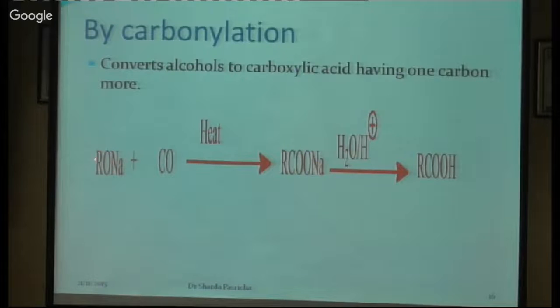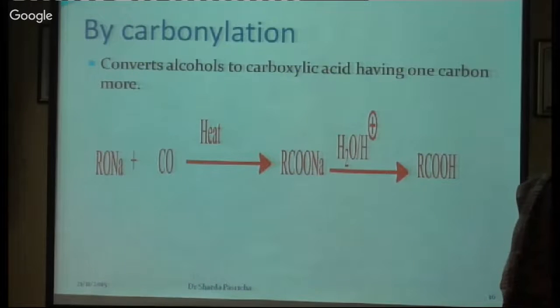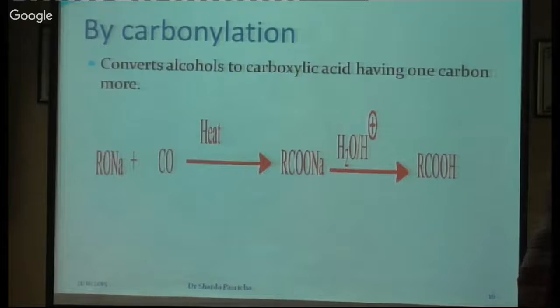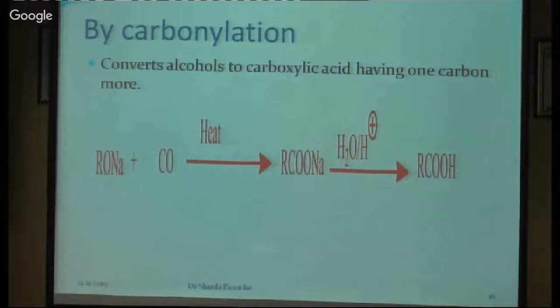How can you prepare sodium alkoxide? Sodium alkoxide we can prepare from alkyl halide. How? You can take alkyl halide, react it with aqueous NaOH. What will you get? You will get alcohol. This alcohol you react then with sodium metal. And you will get the alkoxide.